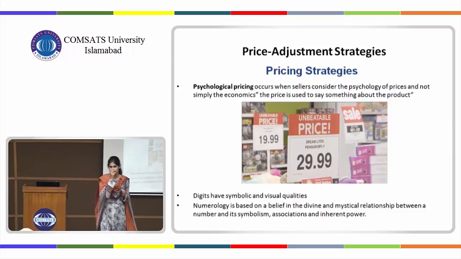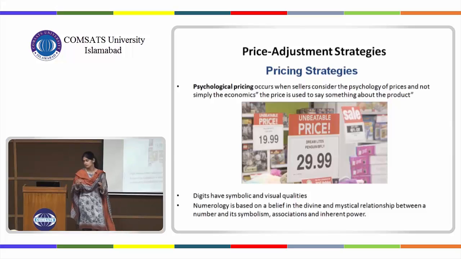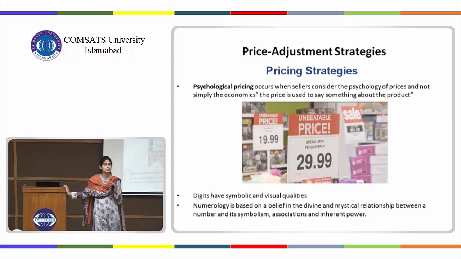Most of the products, if you see, they are priced like this one here, 29.99. That is almost 30, but it's priced 29.99. That is one digit less, right? That means there's only one paisa difference, let's say. Does that one paisa difference create a difference? Yes. How does it create a difference?